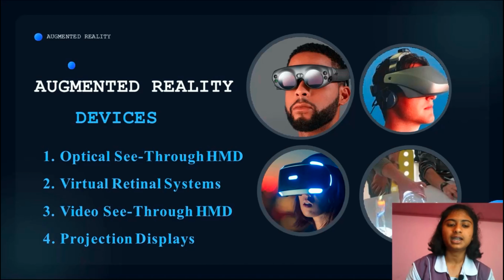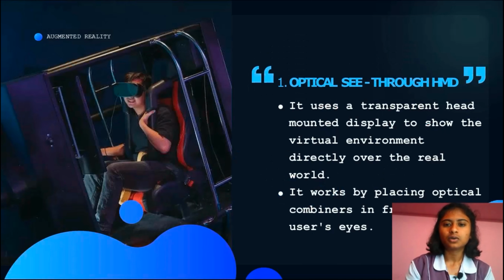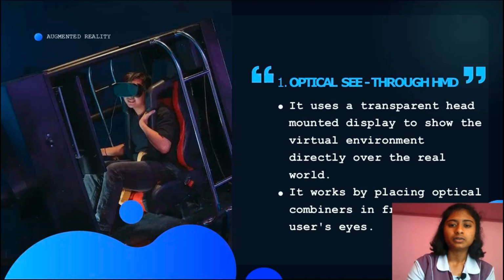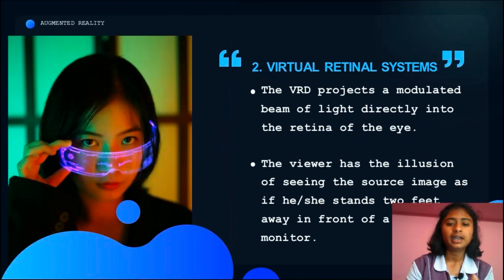So the next is, as I previously discussed with you, the difference between virtual reality and augmented reality. There are a few points that I'd like to add in addition, which would distinguish augmented reality from virtual reality. Augmented reality is a mixture of both the virtual and the real world, and it lets people interact with both.